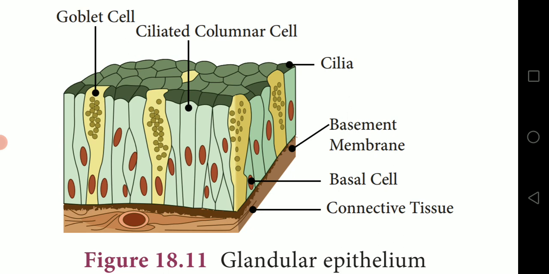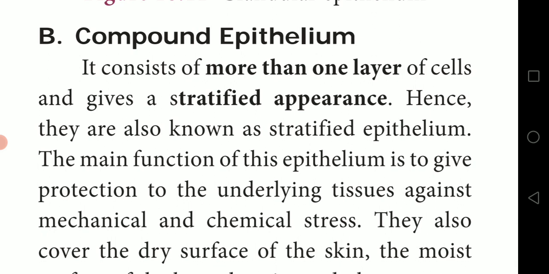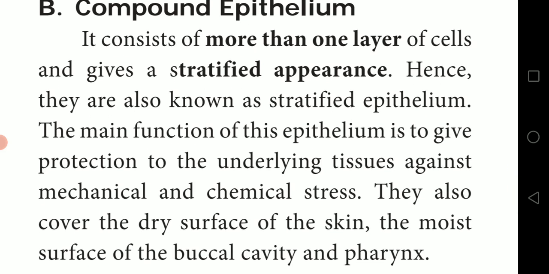The next topic is compound epithelium. As we have completed simple epithelium, next is compound epithelium. It consists of more than one layer of cells and gives a stratified appearance, hence it is also known as stratified epithelium.